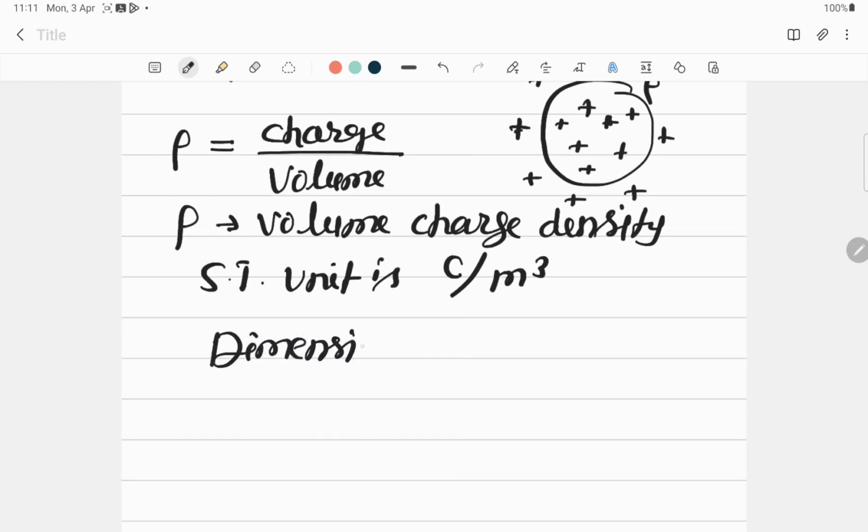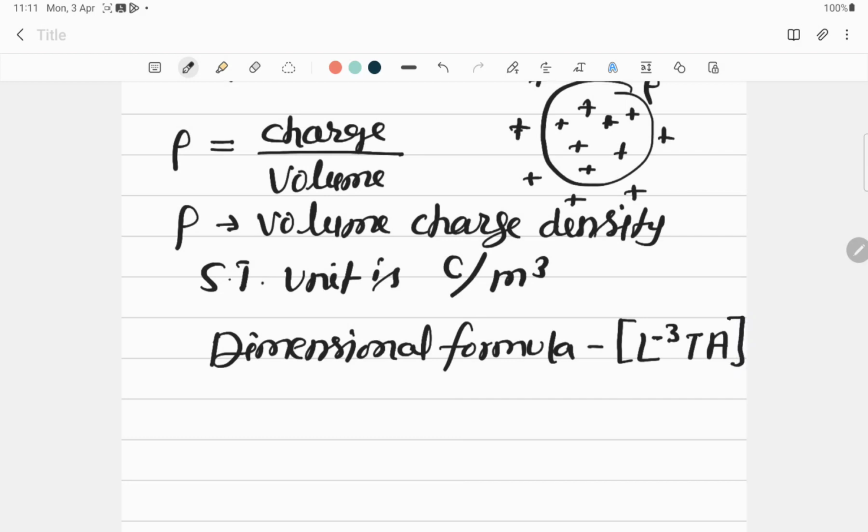The dimensional formula is L to the power minus 3 T A. Coulomb's charge unit is A T, and m cube is measured in length, so L to the power minus 3.